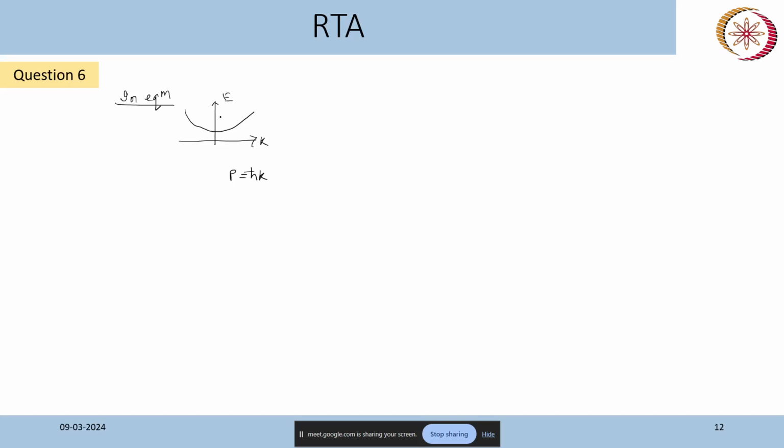If this is the distribution, there are filled energy states here. This is the carrier distribution. Usually in equilibrium, it is a symmetric distribution. The carriers are symmetrically distributed.